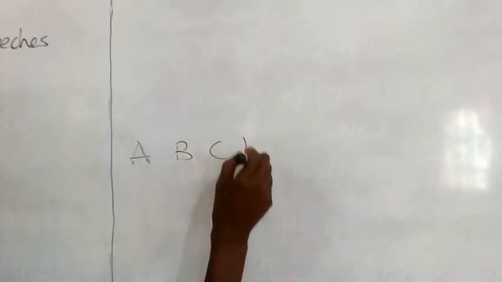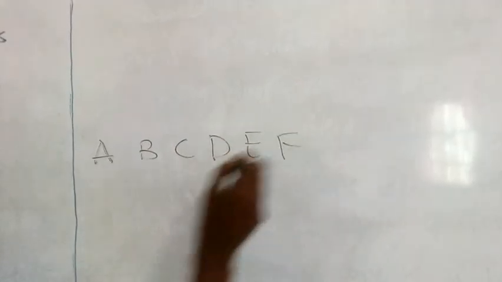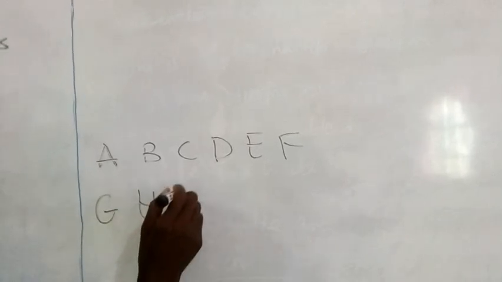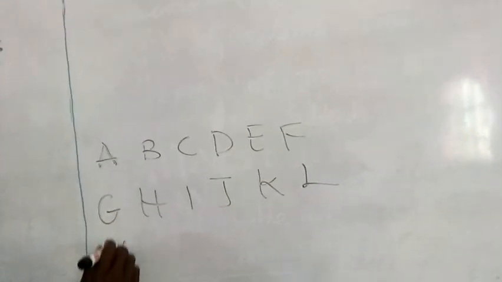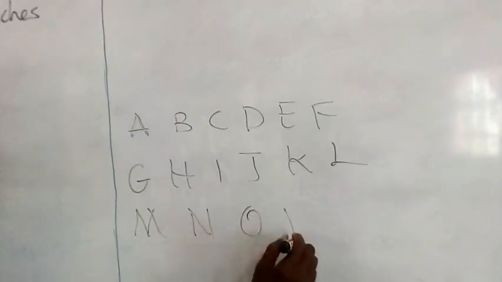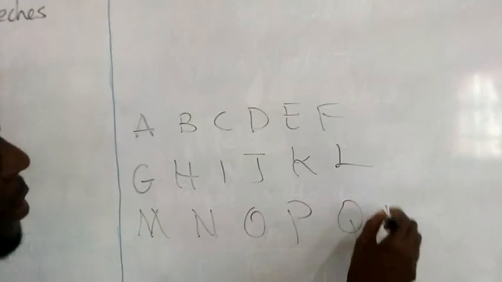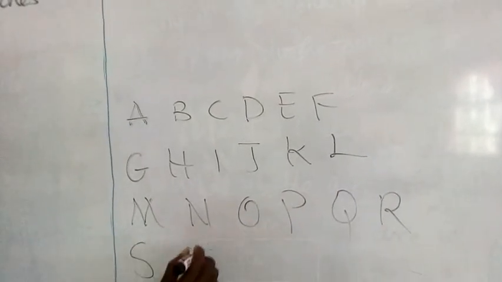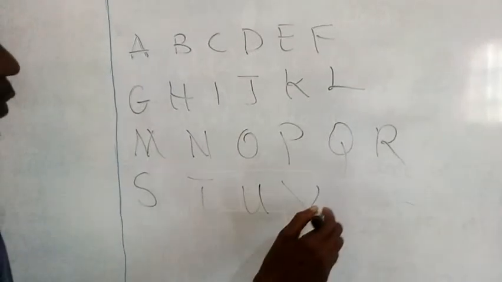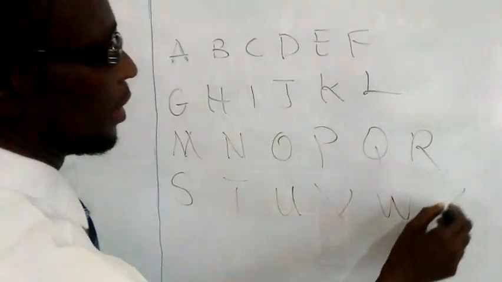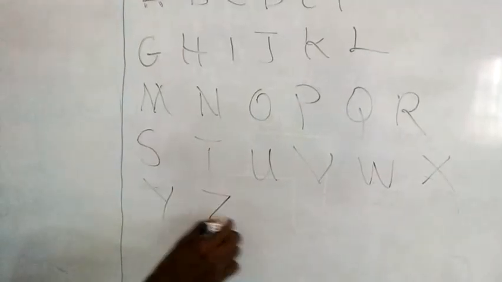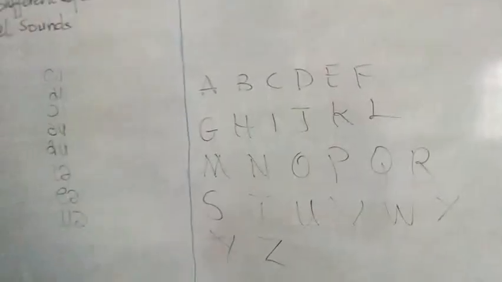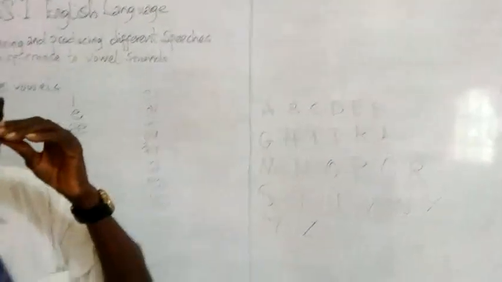We have A, B, C, D, E, F, G, H, I, J, K, L, M, N, O, P, Q, R, S, T, U, V, W, X, Y, and Z. All right. Now we have 26 alphabets. These are the 26 alphabets.